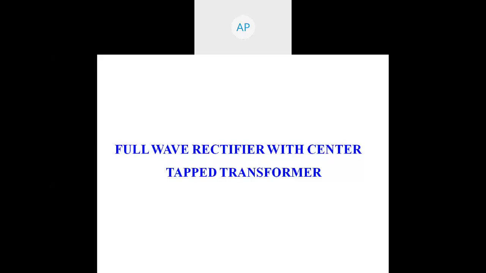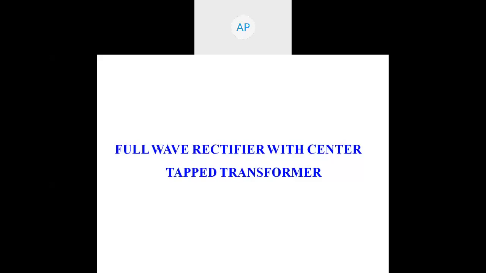Because the current flows only during the positive half cycle, not during the negative half cycle. So the current flowing through the transformer secondary is not for the entire cycle, only for the positive cycle. Therefore, transformer secondary DC saturation takes place in a half wave rectifier.